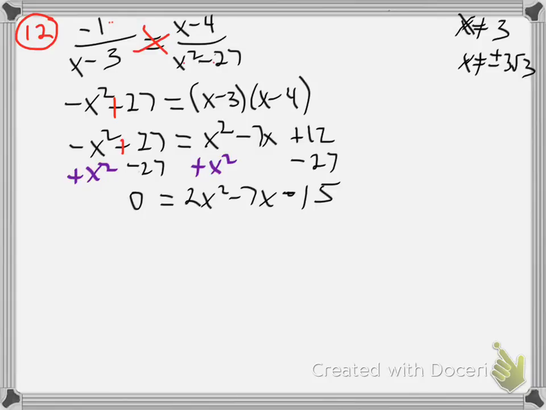So now I need to find the factors of 2 times 15 that subtract to 7. So that would be, whoops, wrong thing, I don't want that color. 2x and 5, that would be 10x.